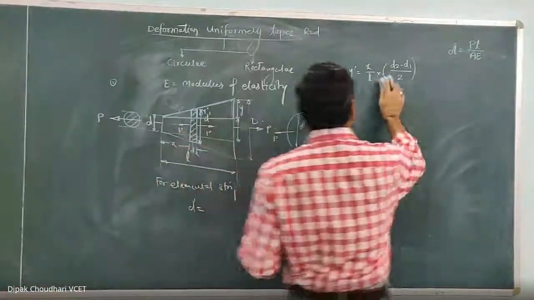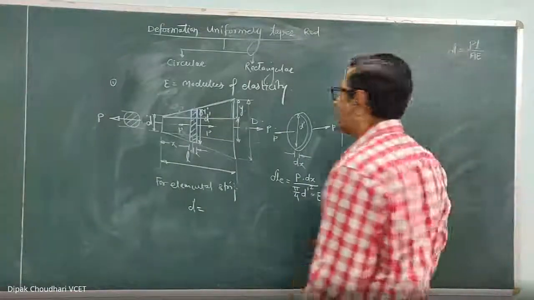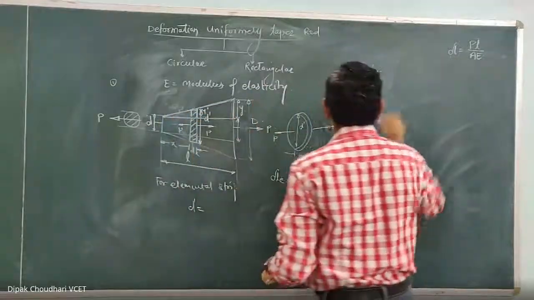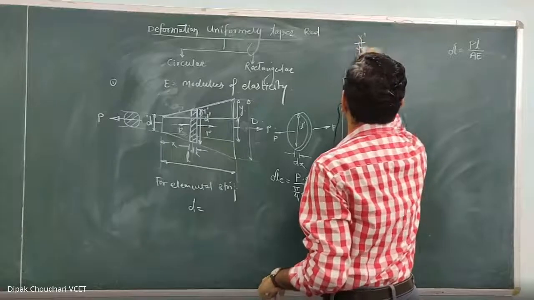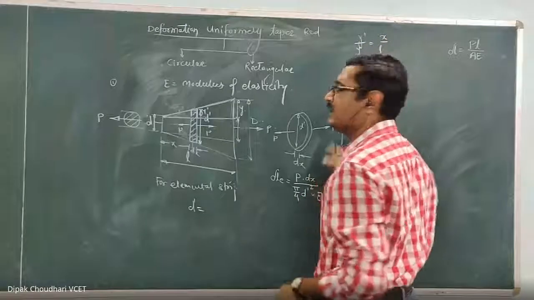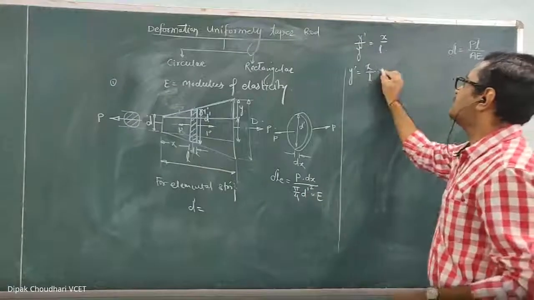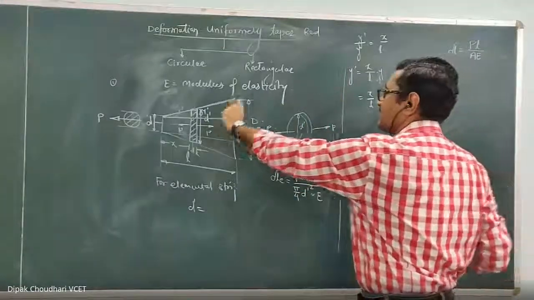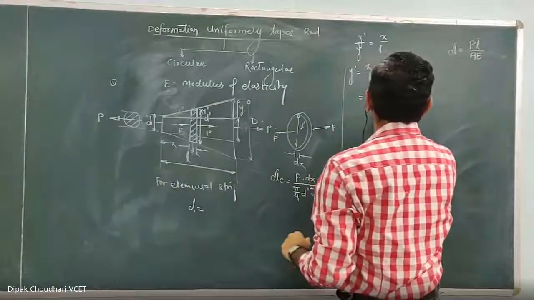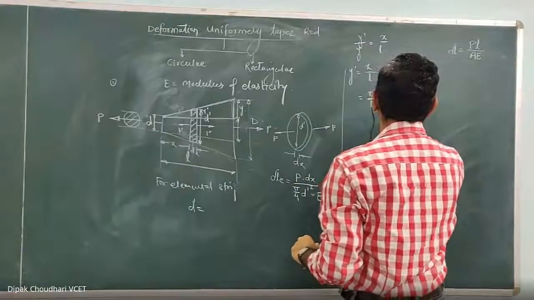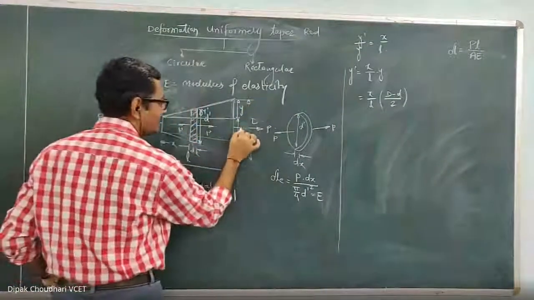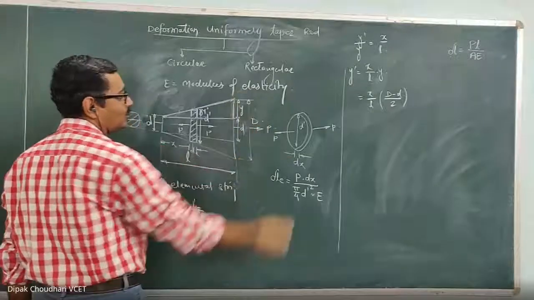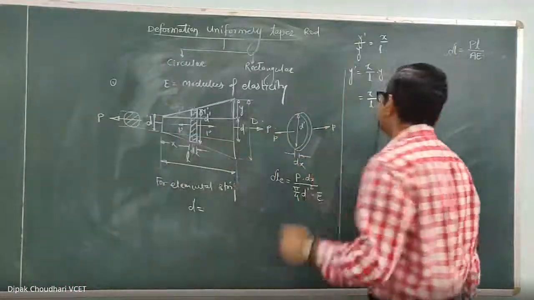By the property of similar triangles, this is Y dash, this is Y, this is H, this is L. Y dash upon Y equals X upon L, so Y dash equals X upon L into Y, and Y can be written as (capital D minus small d) upon 2 because of symmetry. This is Y dash.